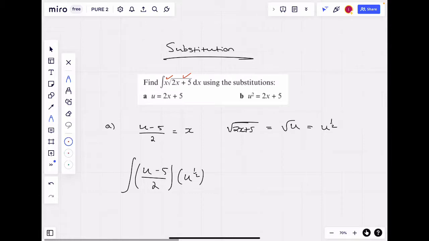What you need to do is differentiate your u equals 2x plus 5. So you want to work out du by dx, which will be 2. And now you want to make du the subject of the formula. So du equals 2 dx. Okay?